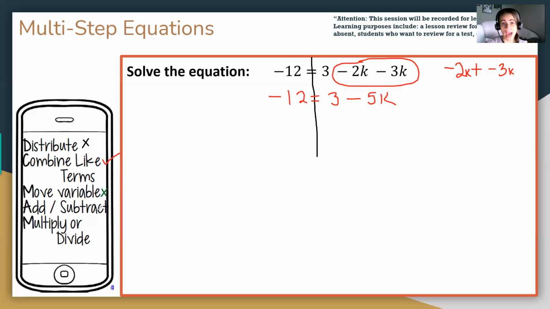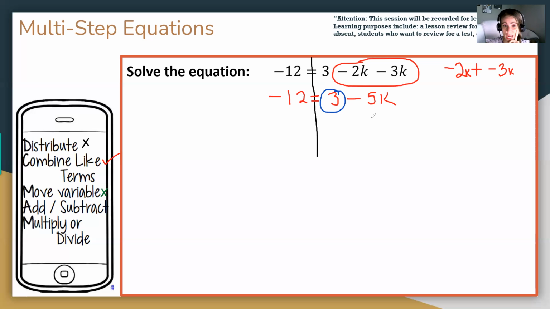All right, now add or subtract. Well, we're focusing on getting our variable, our k by itself. So is there anything being added or subtracted to that variable term? Yes, there is. We have a 3 right here. All right, is it being added or subtracted?